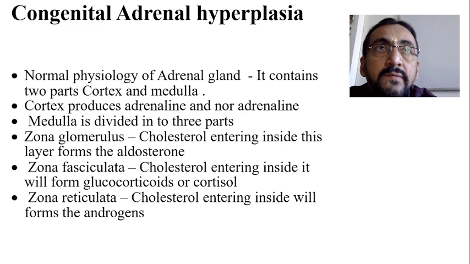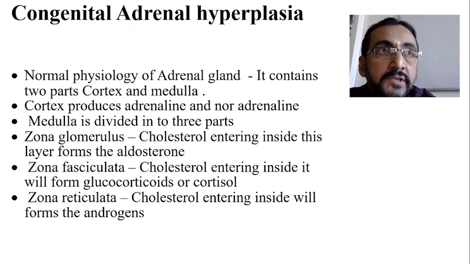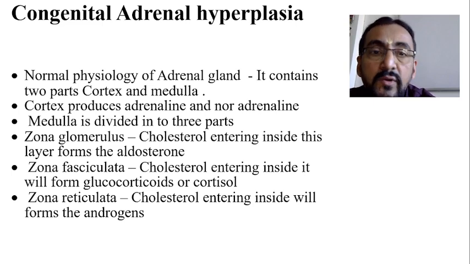Now, first we'll have an outlook on the adrenal gland. As we know the normal physiology, the adrenal gland basically contains two important parts: one is the medulla and another is the cortex. Cortex is the outermost part and medulla is the innermost part. Now we know that the medulla produces two important hormones, adrenaline and noradrenaline, which are vasopressive agents.